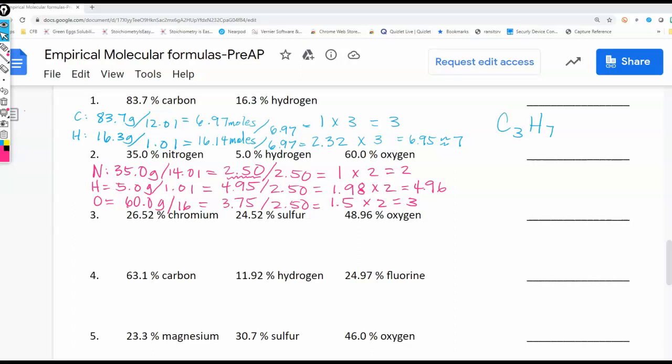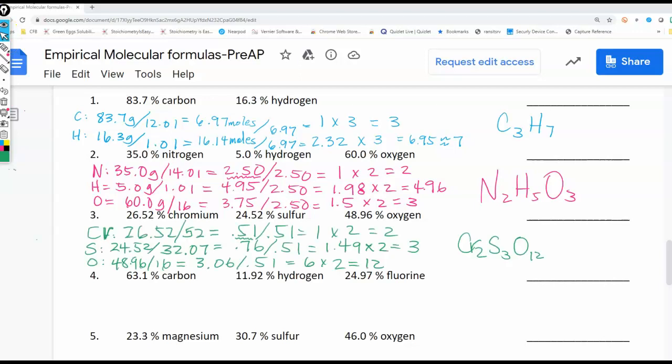Once I did that, I recognized that the moles of the nitrogen, the 2.5, was actually the smallest one, so I'm dividing each of these by the smallest number of moles, and I come out with 1.98, and 1.5, and it's the 1.5 that's telling me that I'm going to have to multiply by 2, since that is a half integer, so I end up with subscripts of 3, 4.96, and 2, which means that my formula is N2H5O3. All right, and we're going to go ahead and complete the next calculation as well.